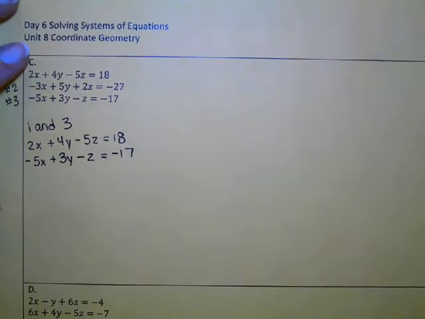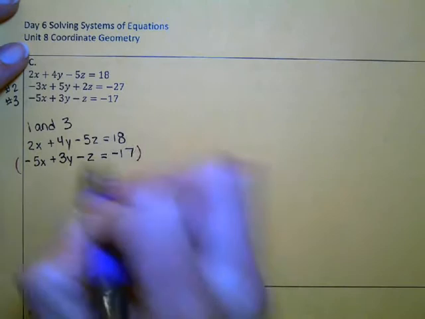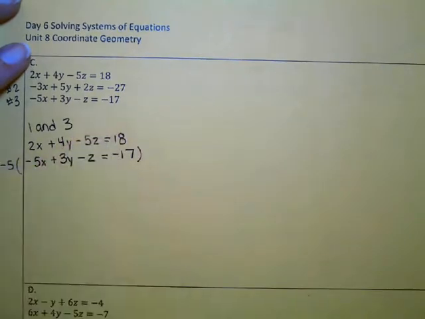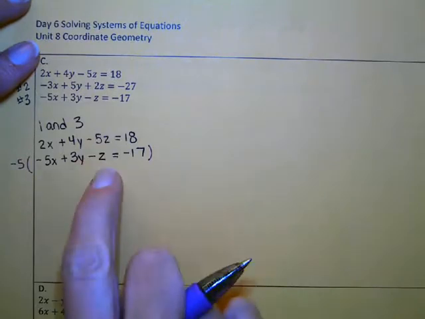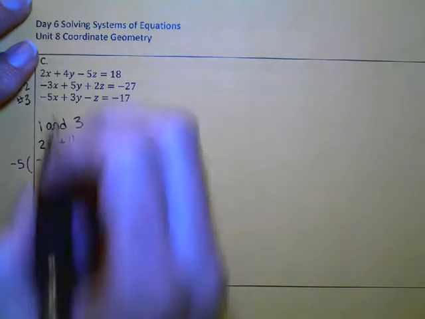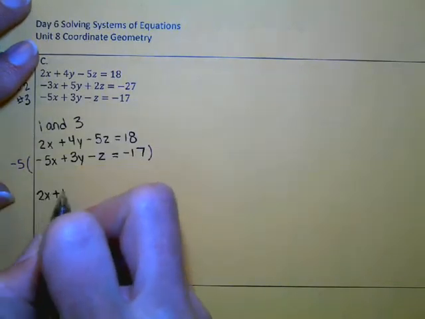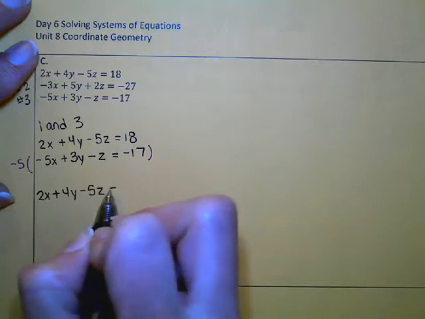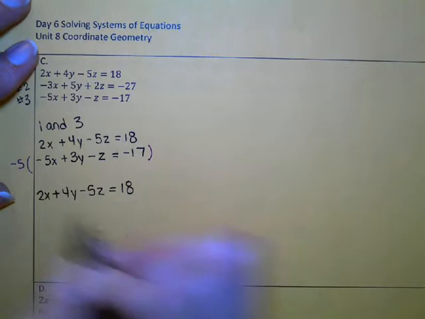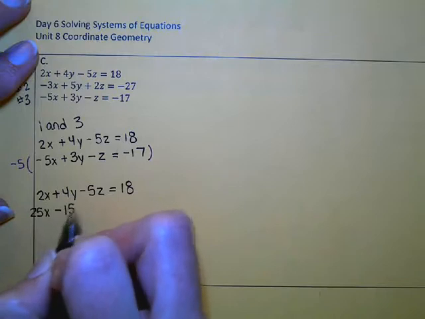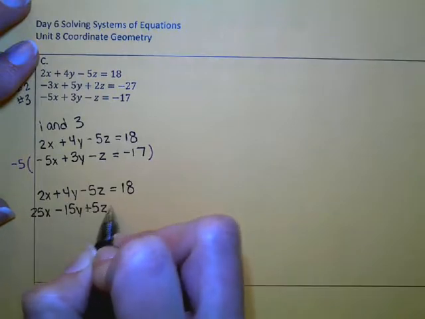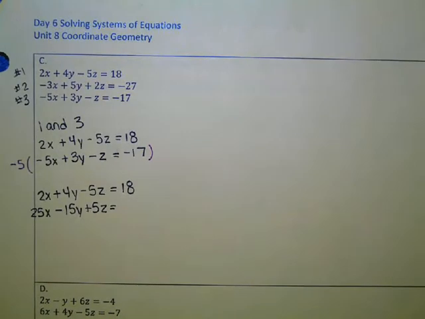So to eliminate the letter Z, I would need to multiply this row by -5, because if this becomes a -10, negative to negative is +5, and these two will eliminate. So you keep that top equation the same, and multiply everything on the bottom row by -5. -5 times -17 equals 85.